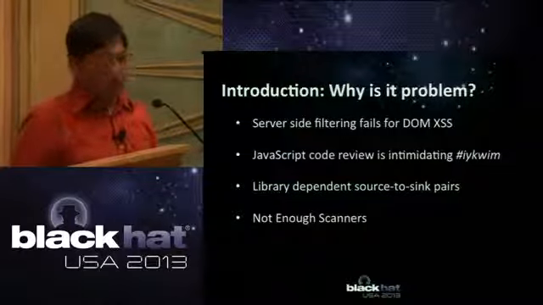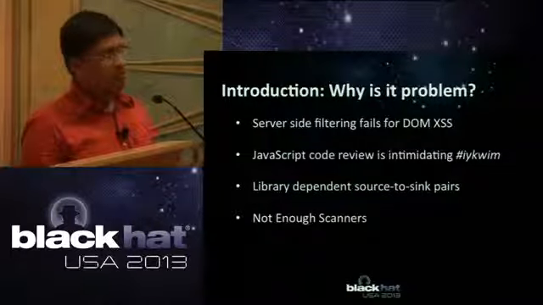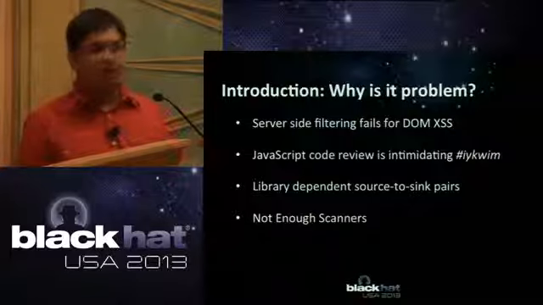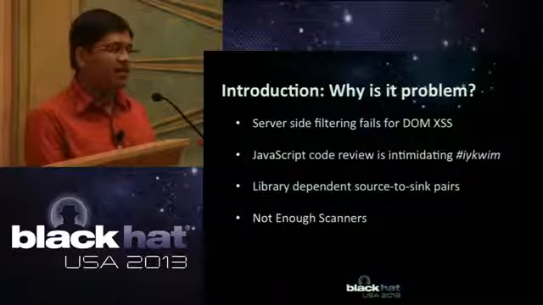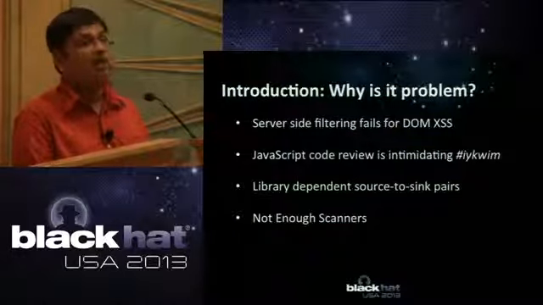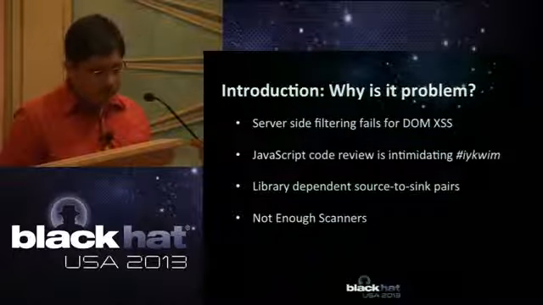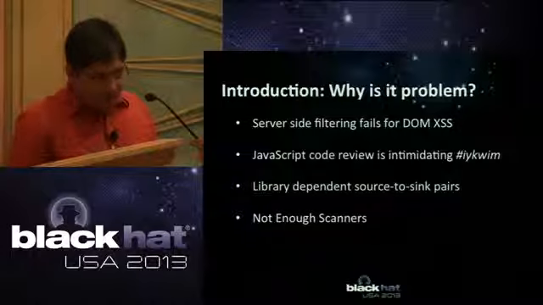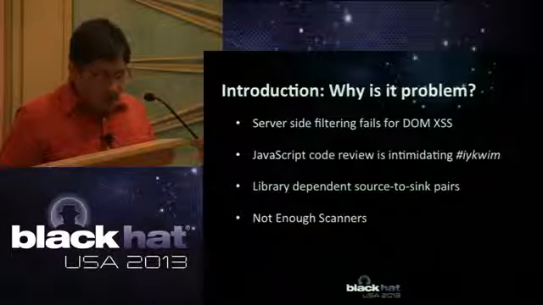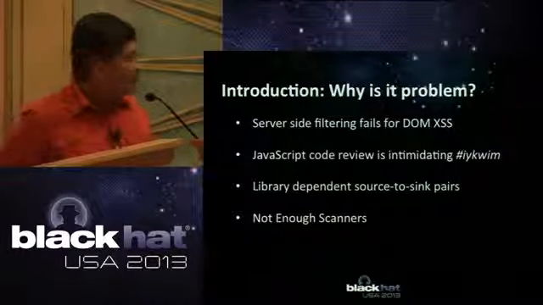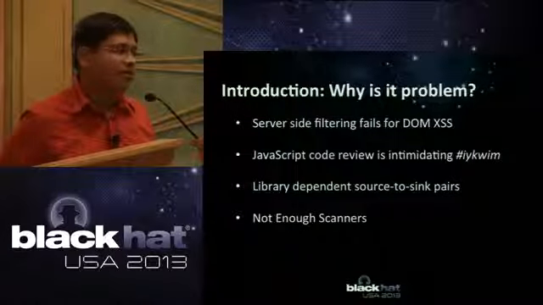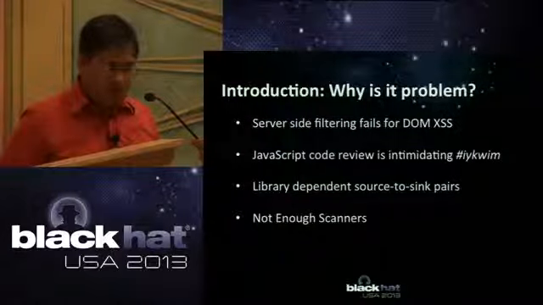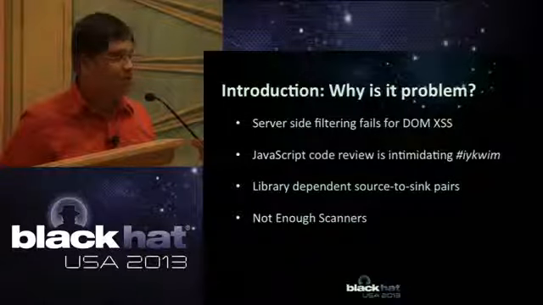So it's really tricky to keep track of all these libraries and figure out the source and sink pair for each and every library. As I said, I didn't have access to many JavaScript source code scanners, so that's the reason I asked this question to you guys.